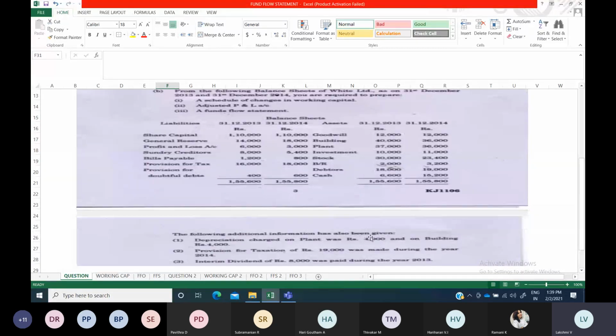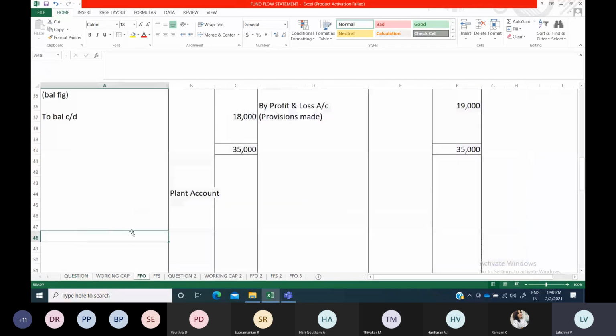For plant, first you have to go to the opening balance and closing balance. If you see, 31/12/2013 is the opening balance and 2014 is the closing balance. So 37,000 is the opening balance, 36,000 is the closing balance. You will be taking these on the debit and credit side.